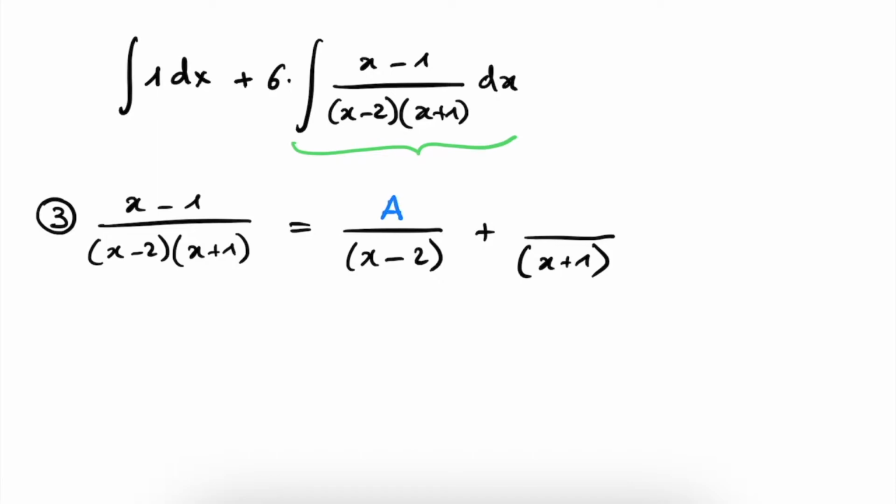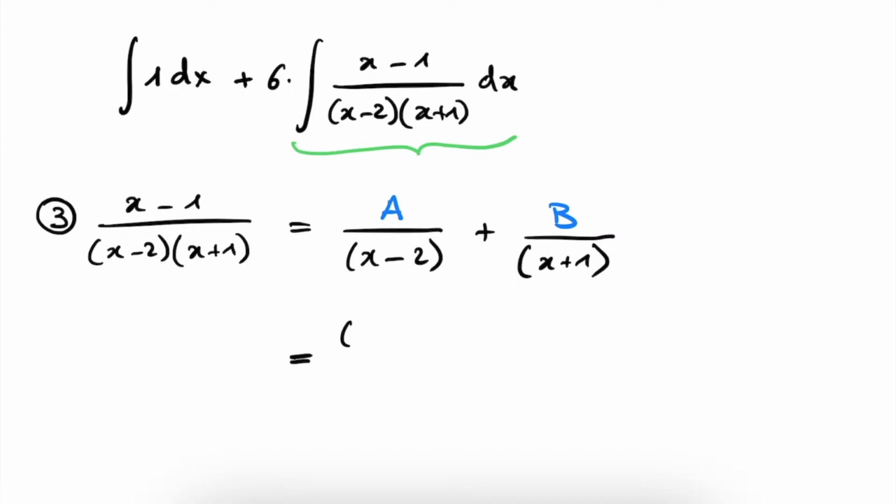We first write it as a and b, and of course, simply writing it doesn't solve it. We now need to solve for a and b. So we try to find a numeric value for a and b. To get this numeric value, we first rewrite this sum of two fractions as a single fraction. To do this, of course, we multiply this a with this denominator, and then we multiply b with the other denominator.